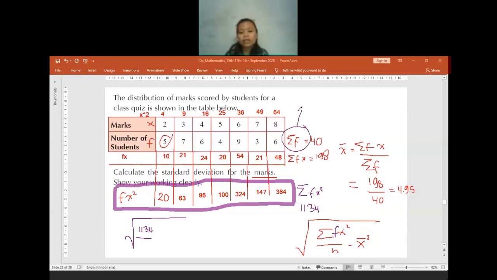The n is the sigma f, the same thing as n, so n is equal to 40. We write 40 minus the x bar square. The x bar square is 4.95 square. You can use a calculator to calculate it. Maybe you can make it 3 significant figures only. Do not keep so many digits, for the degree of accuracy.